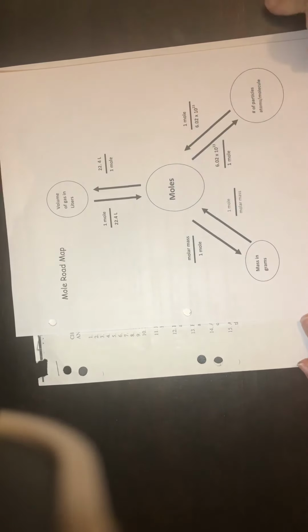We're going to set it up in the train tracks. And those train tracks that we usually use will be starting with what you have, which it says over here is 0.35 moles. So we have 0.35 moles, and that is of iron 2 hydroxide.